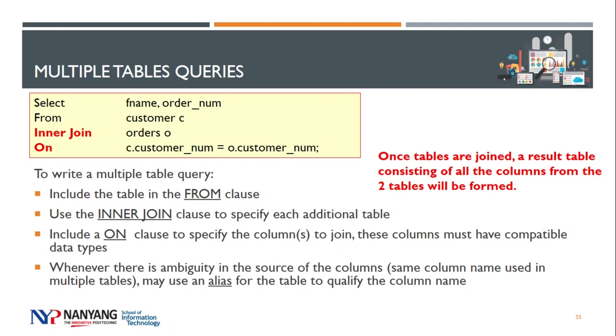Then include the inner join conditions. They must have compatible data types. In this case, the customer number is what they have in common, so we can use that to join the two tables.